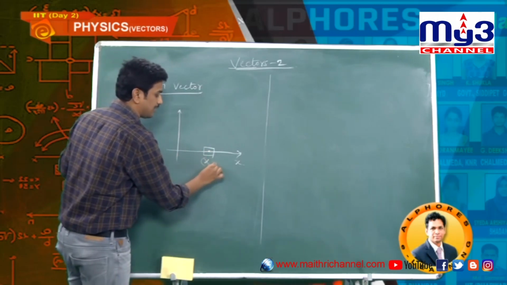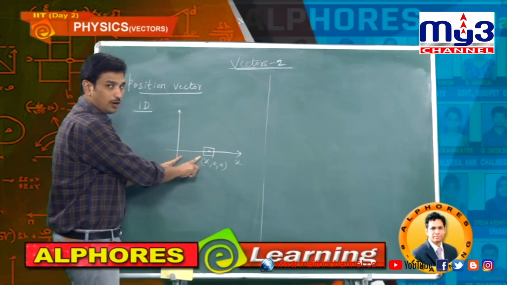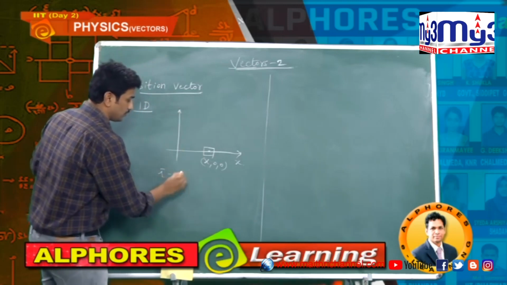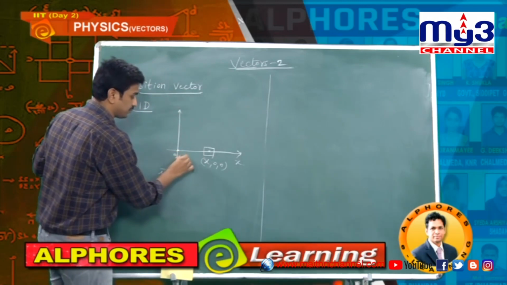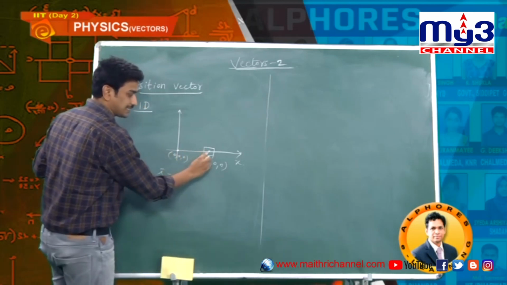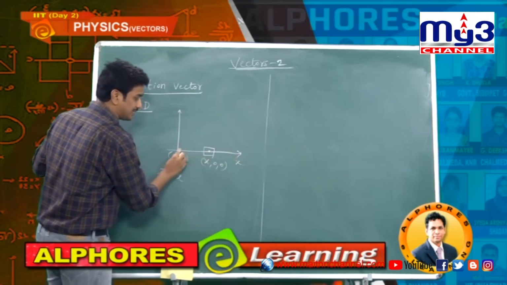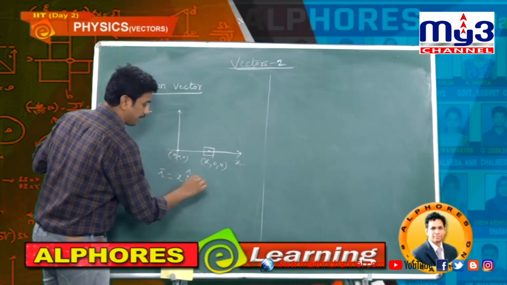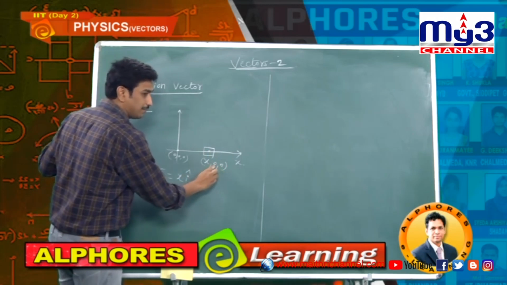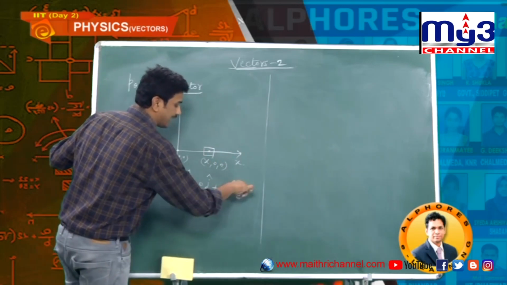Let it be (x, 0, 0). The particle is moving along only one direction. From the origin, the body is at a distance x along the x direction, so x i cap. Along the y direction and z direction it does not have any distance: 0 j cap, 0 k cap.